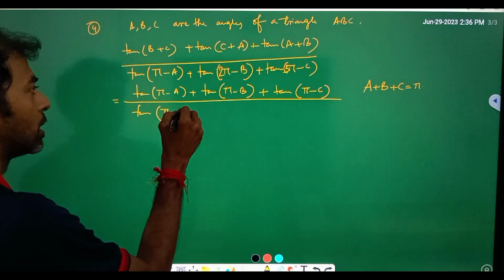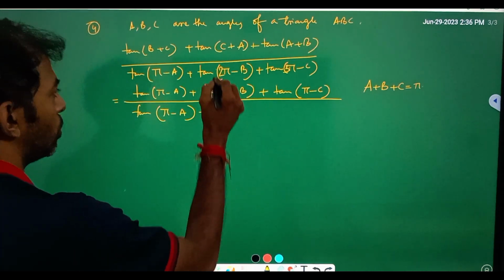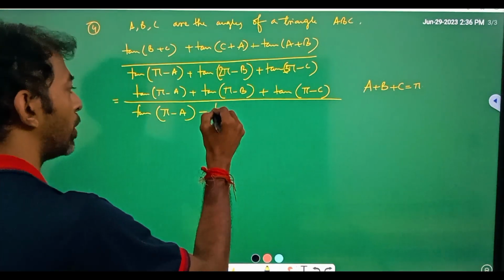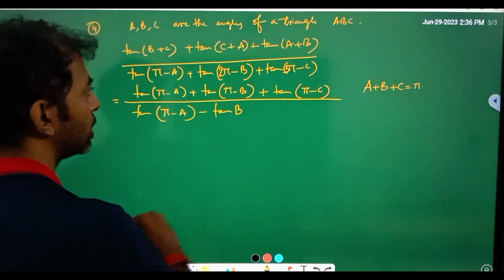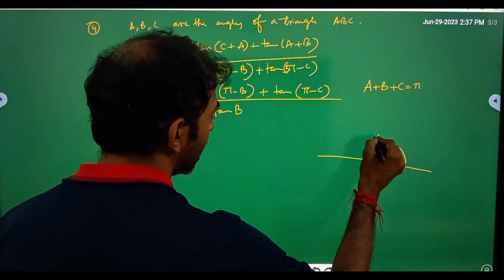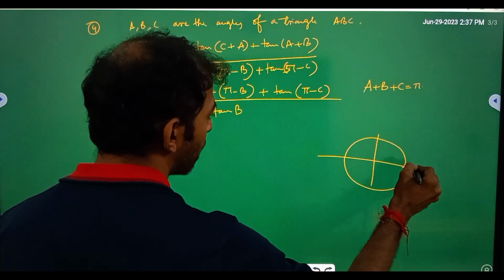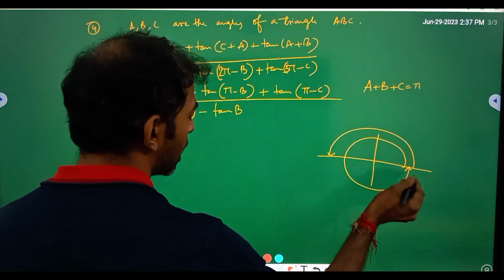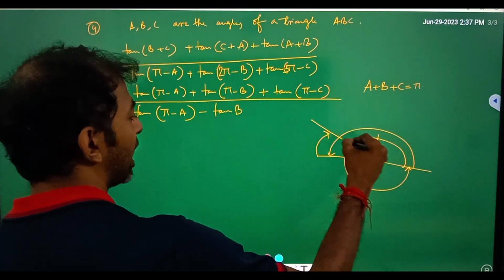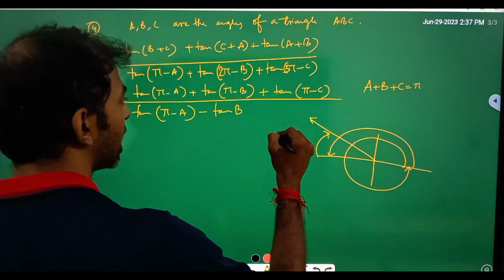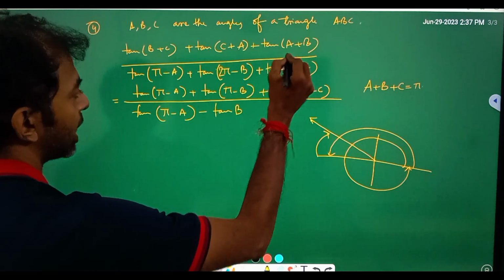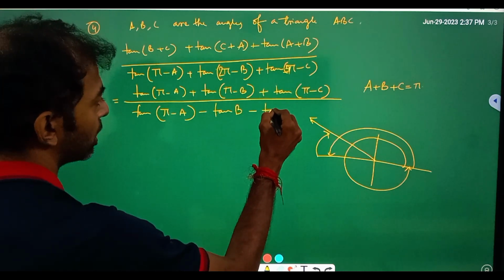Tan(pi minus a), tan(2 pi minus b), we all know that is 360 minus b, and in the fourth quadrant that's going to be minus tan b, right? And 3 pi minus c, meaning that's our 2 pi, that's another pi, so the total rotation will be 3 pi, then minus c, the angle is lying in the second quadrant, and for that it will be minus tan c.